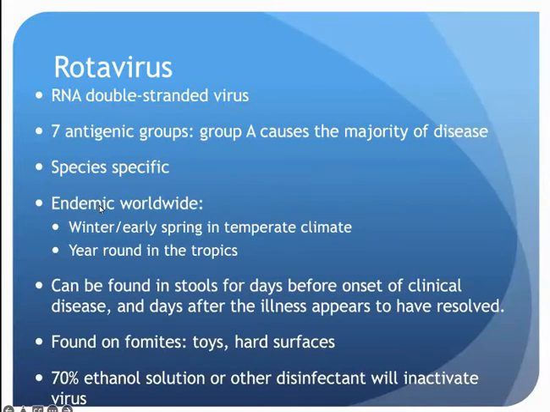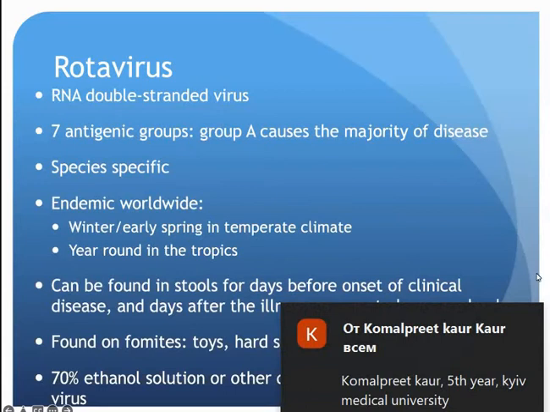It's endemic worldwide, and it occurs mainly in the winter and early spring in temperate climates such as Europe and North America. In the tropics, you'll see it year-round, and that's quite important when you start seeing diarrheal disease towards the end of winter and early spring, because you already can have a very good idea without any further information as to what's causing it.